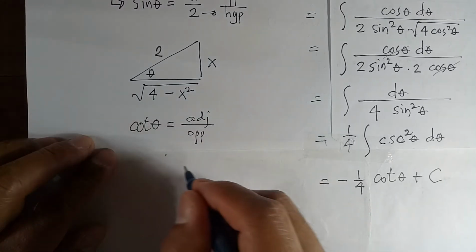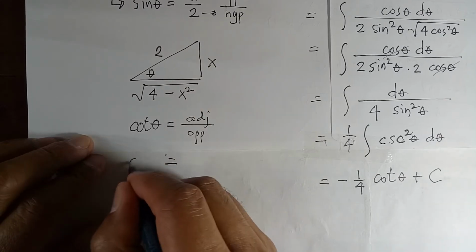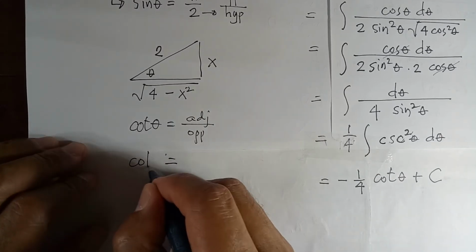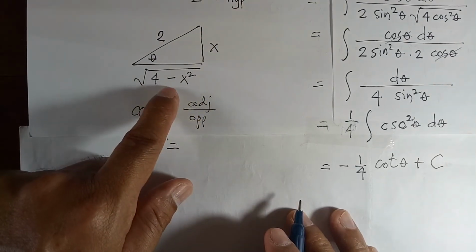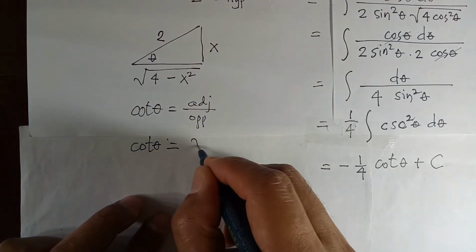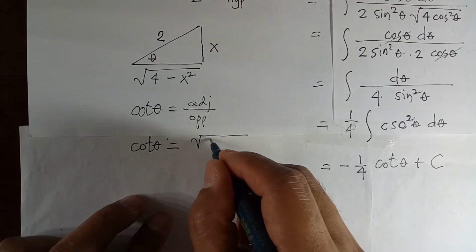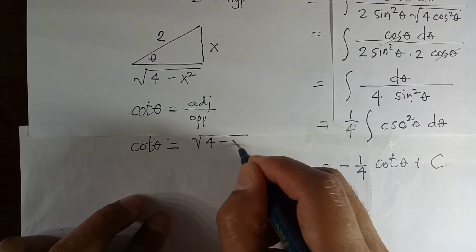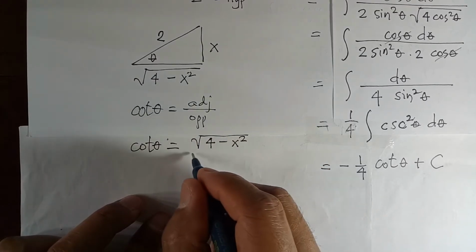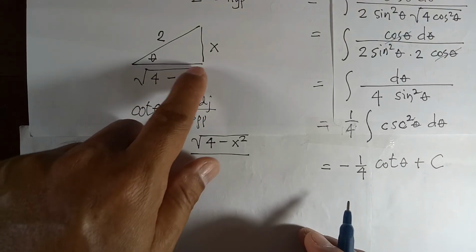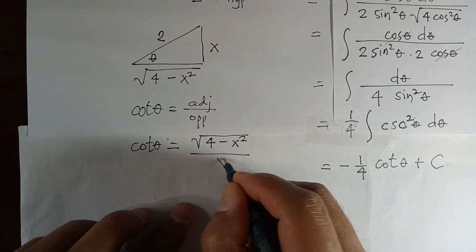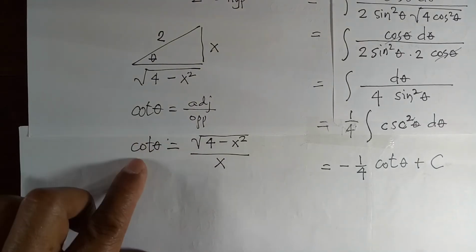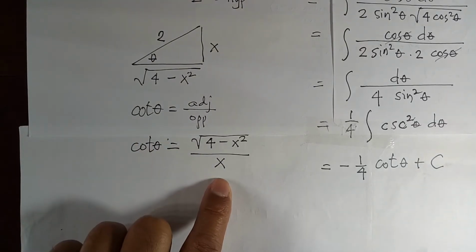No? So, cotangent of theta equals, so yung adjacent side natin, square root of 4 minus x squared, tapos, divided by the opposite side, no, with respect to angle theta, so that's x.